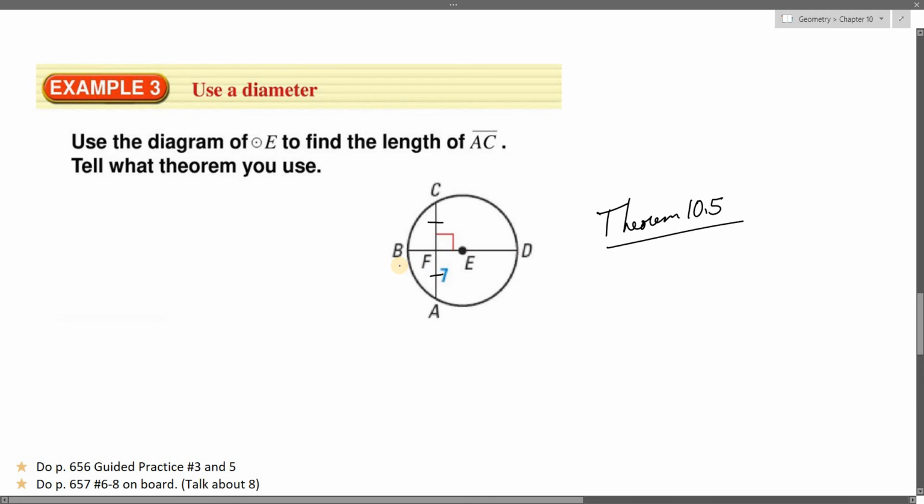Therefore the other side of this is also going to be 7. So this is 7, this is 7. And then the ultimate question was find AC. Well, if that's a bisector and they're both 7, AC is going to be 14. So segment AC, or the distance AC, is going to be 14 units long total.